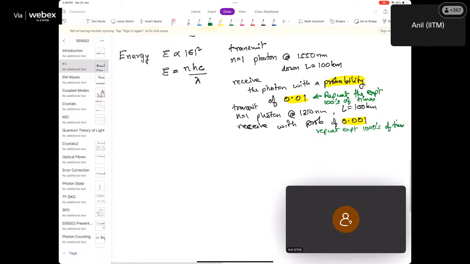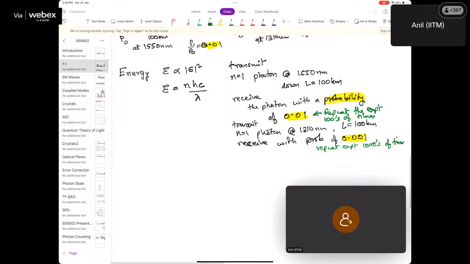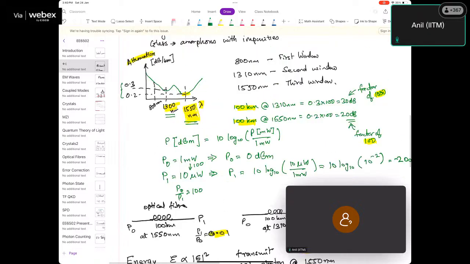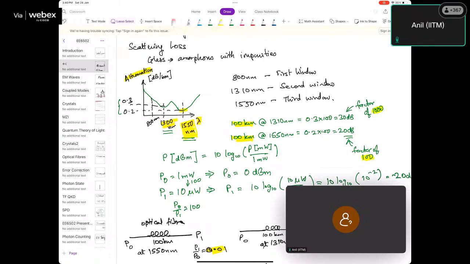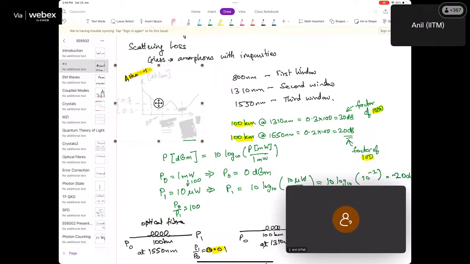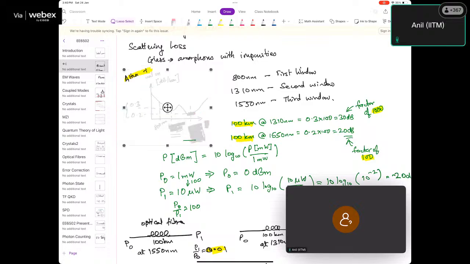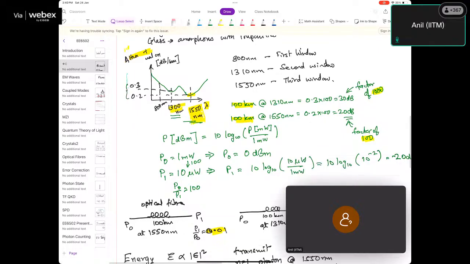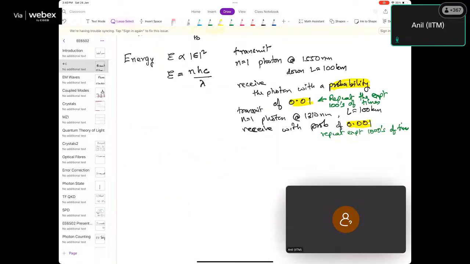Let's take a look again at this particular picture. I can't copy it very easily, never mind, I will draw it again. This time I'll draw it a little larger.